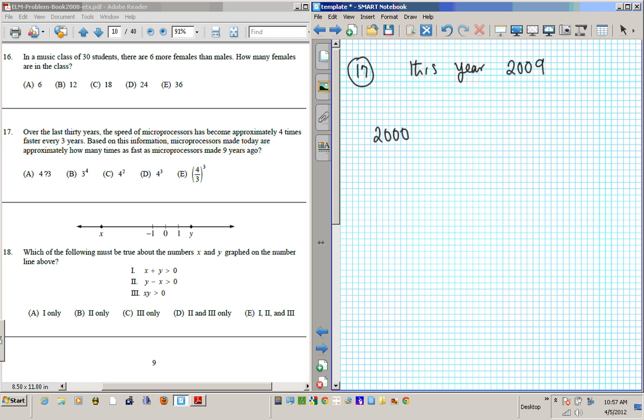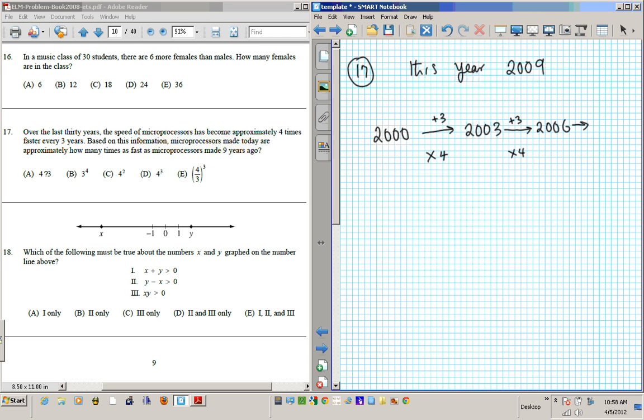So starting from 2000, we're going to be going in increments of 3 years. So 2000 plus 3 years gives us 2003. How fast did the processor get? It went times 4. And then from 2003, another plus 3 to 2006, another times 4 faster.